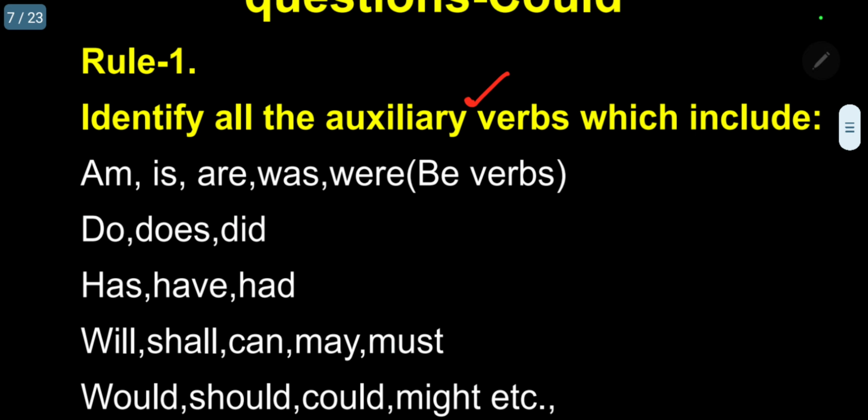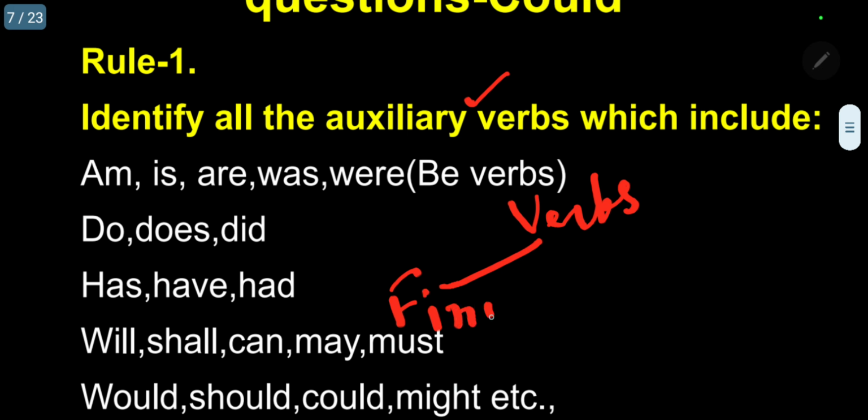And these verbs, how can I classify them? The main classification is that I can classify verbs into two types. One is finite verbs, another is non-finite verbs.